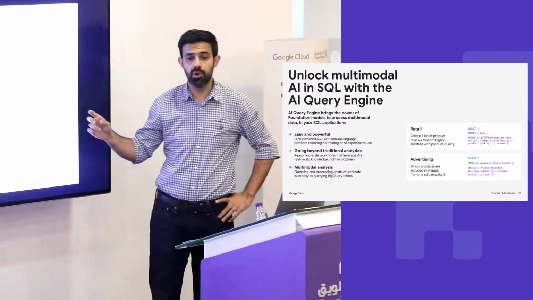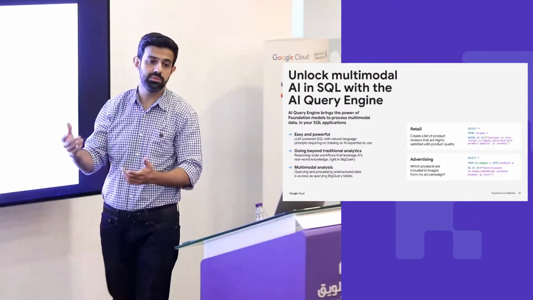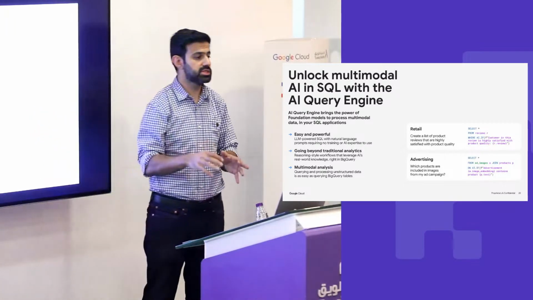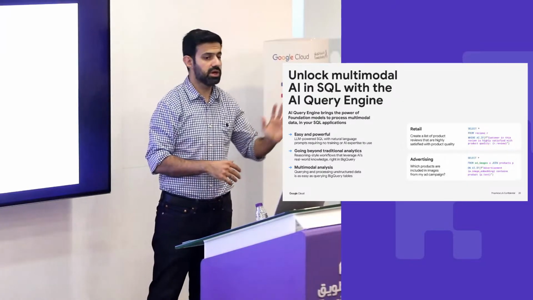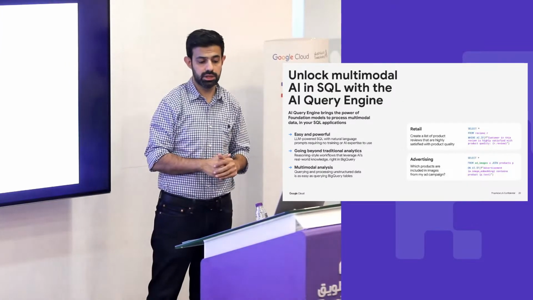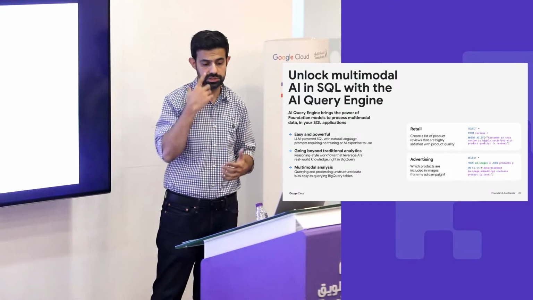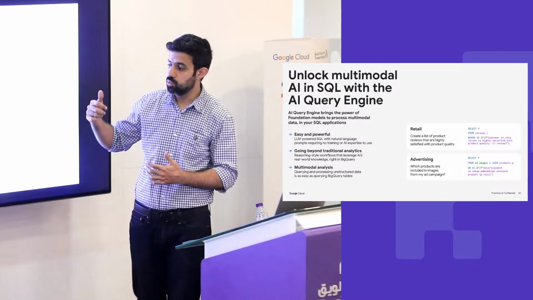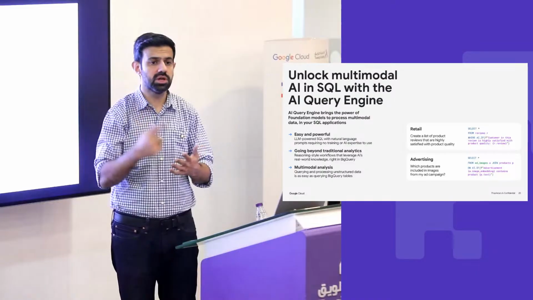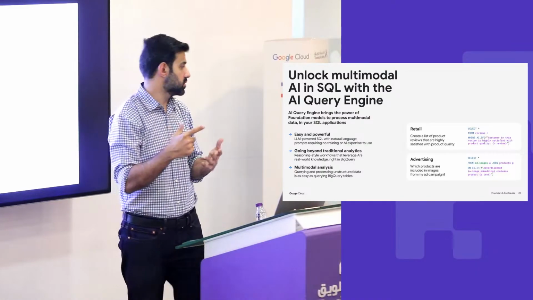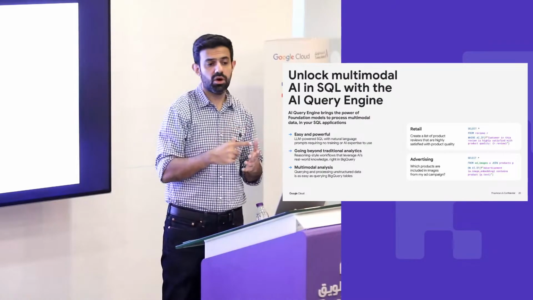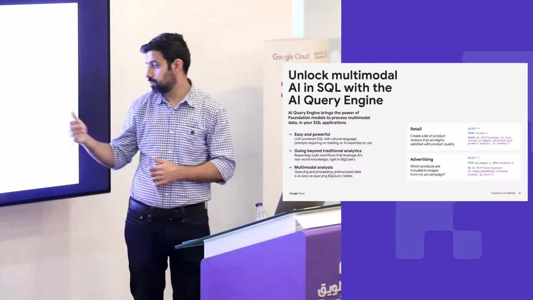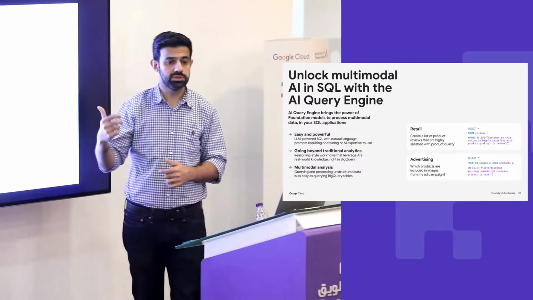So this is just the prompt that you normally give to Gemini or ChatGPT. This prompt you'll mention in your SQL query, and it will go and figure out the sentiment or the happiness of the customer. So we have not only one function, we have functions to classify, to cluster, to generate text. All these functions are available within BigQuery to make your prompting easier to Gemini.